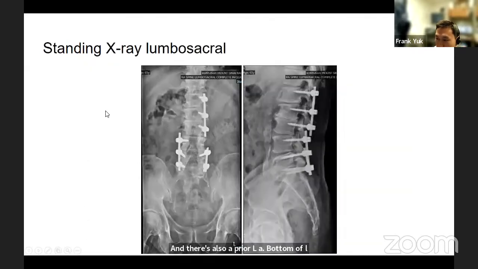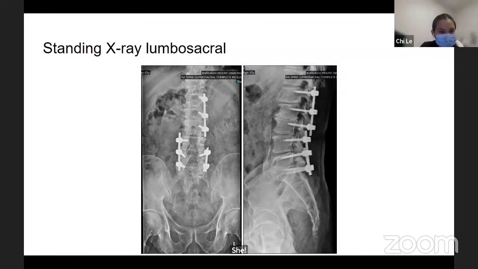Okay, so then you ask him to get an X-ray, and then you see this X-ray. So can you describe this X-ray for us? Chi. So we see the coronal and sagittal view, I guess AP and lateral view of the standing X-ray.